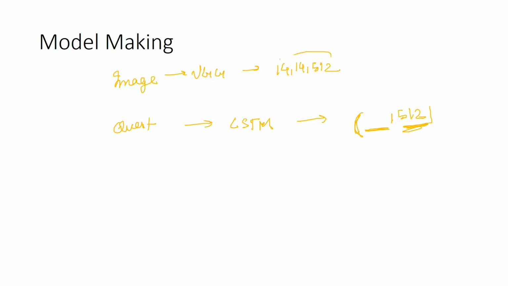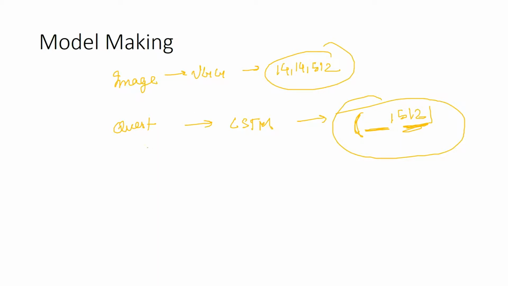To summarize the whole model: take an image, pass it through VGG. The dimension would be 14 by 14 by 512. Take the question vector, pass it through some LSTM. The depth would be the same, but the rest would be somewhat different. So we need to make the dimension of both the same, and this could be achieved by passing through some dense layer.